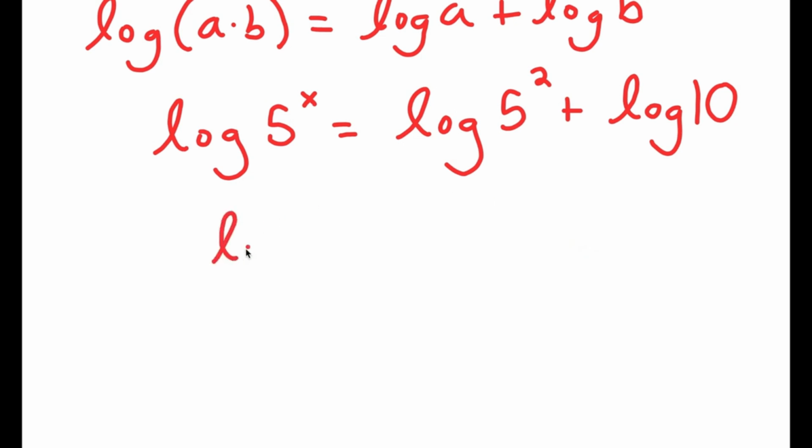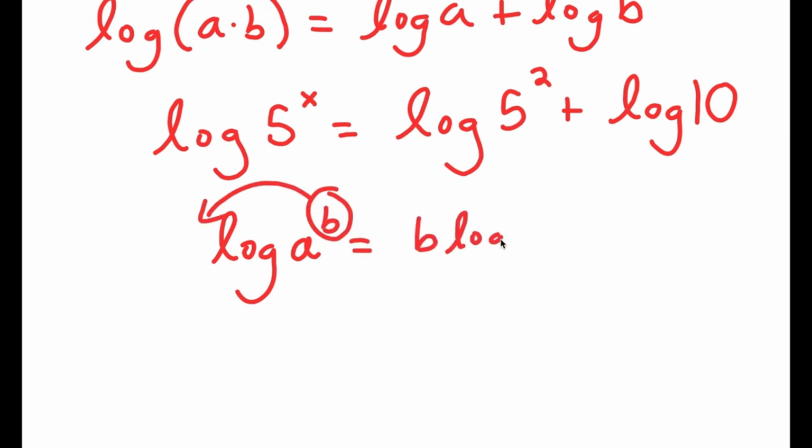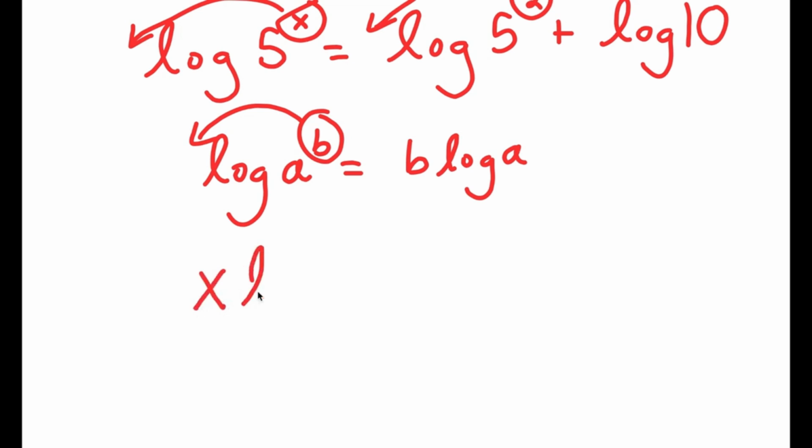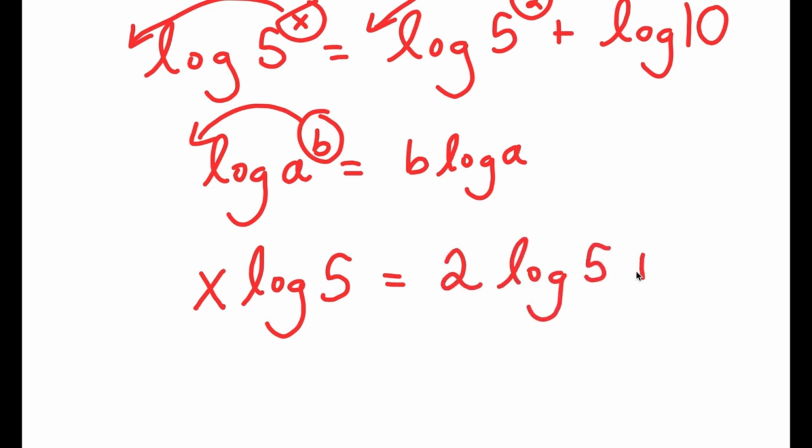Now, if I have something in the form log a to the power of b, I can move this exponent b to the front. So this is going to equal b times log a. So in this case, I have log 5 to the power of x. I can move x to the front, and I have log 5 to the power of 2, so I can move 2 to the front. And I get x times log of 5 is equal to 2 times log of 5 plus log 10.